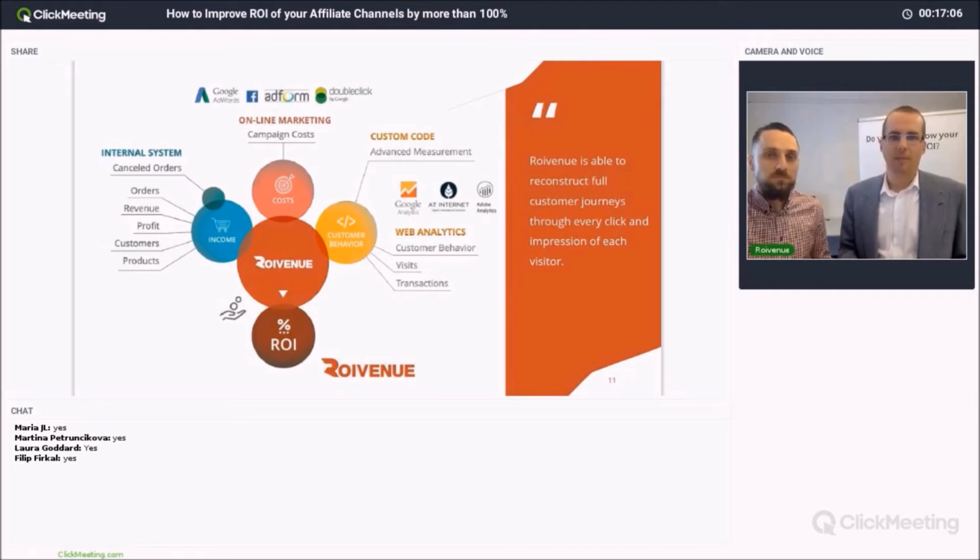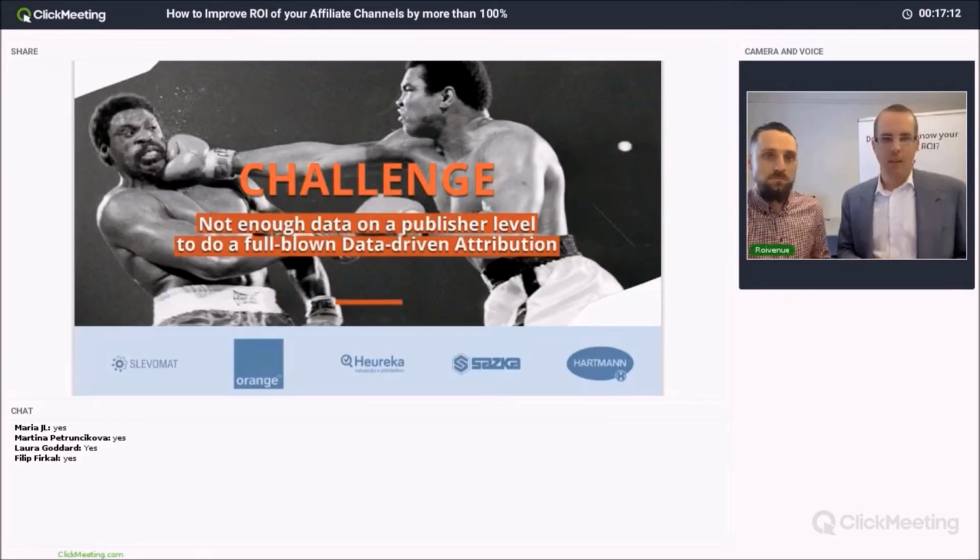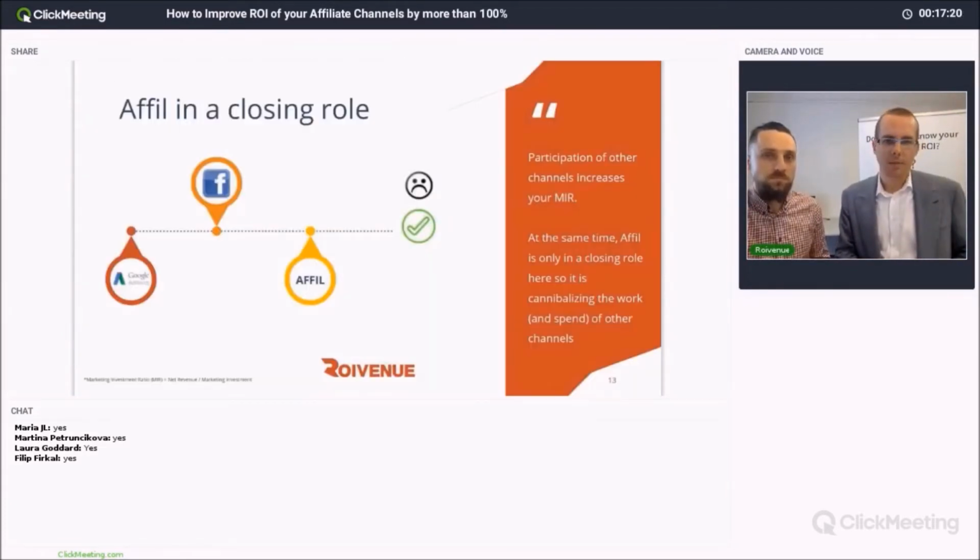Well, it helps us to split and look in more detail at the different publishers, and we divide them into different groups. One would be affiliate in a closing role: you first have some paid channels, and then you have affiliate as the last touch.